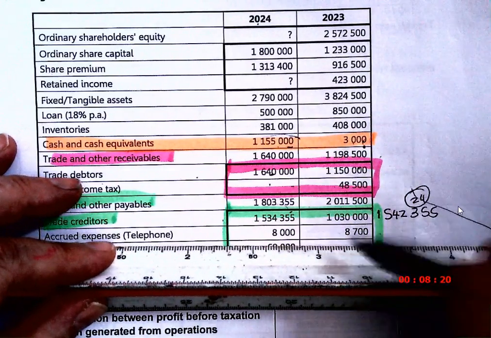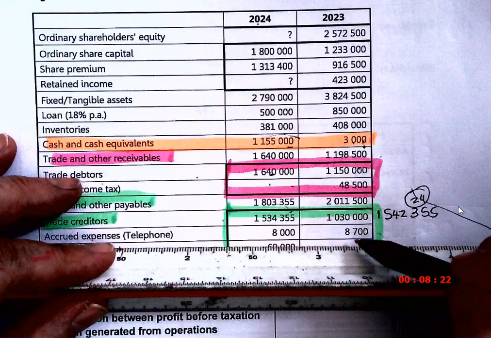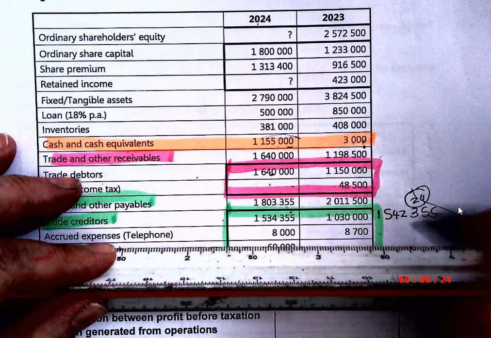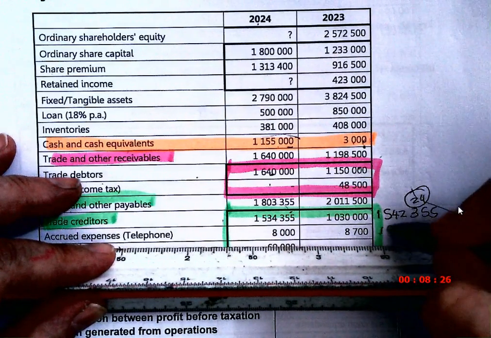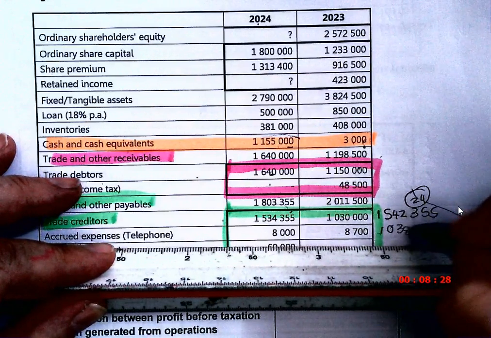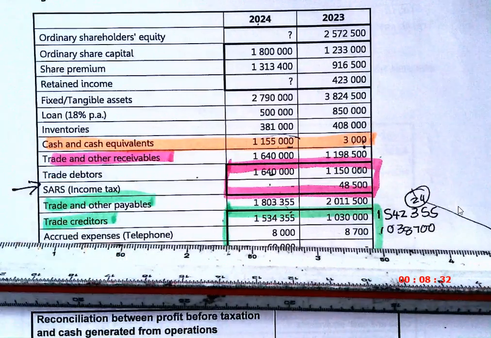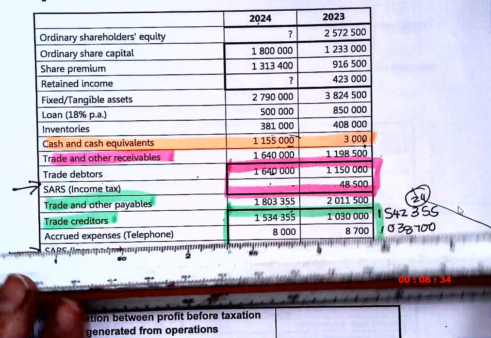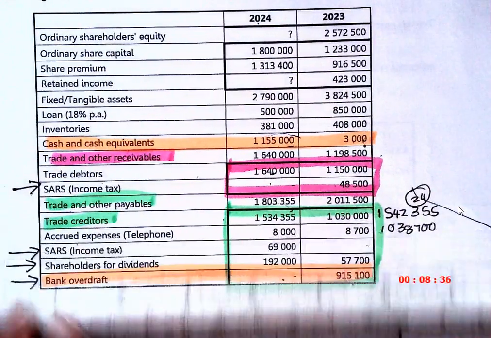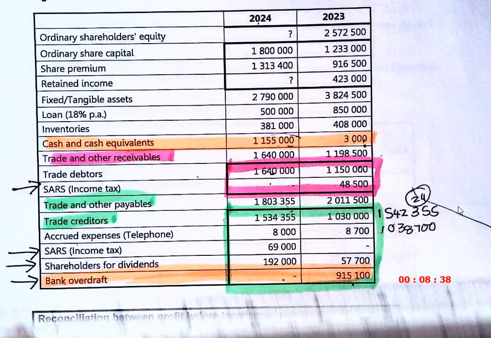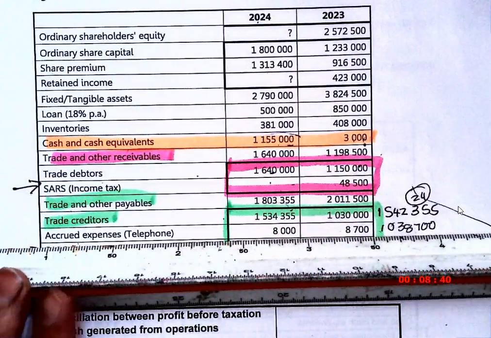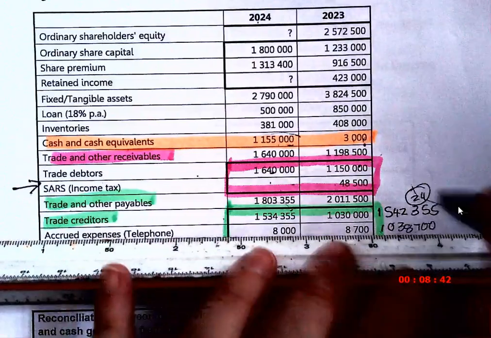If I say 1030 plus 87, it's going to give me 10387. You guys see what I did? I just totaled those 2. I'm ignoring the other 3. Okay? So now if I look, this is 23.